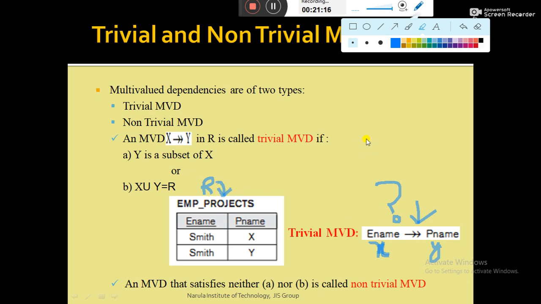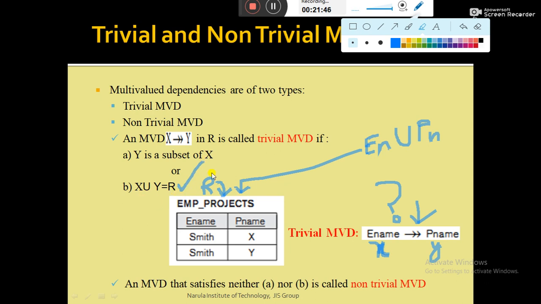If we write ename, in short en, union pname, in short pn, yes, we get the relation R. That means condition B is true.